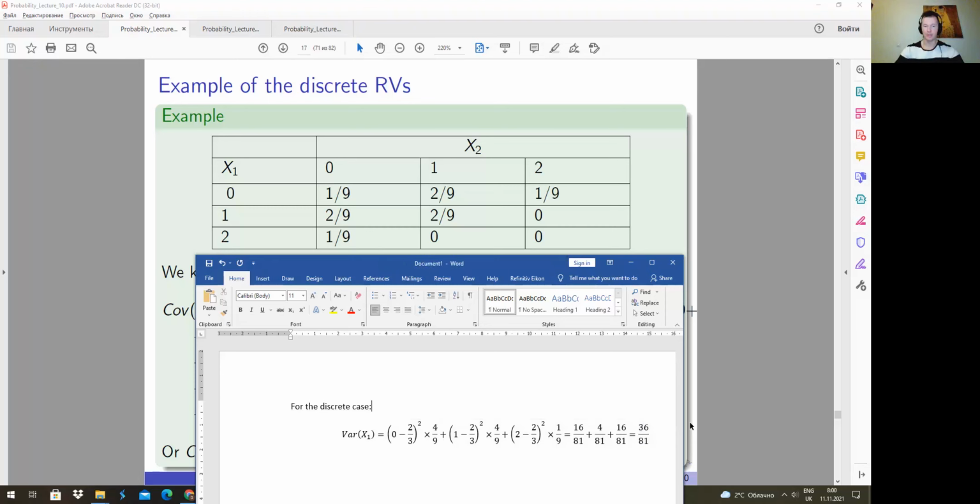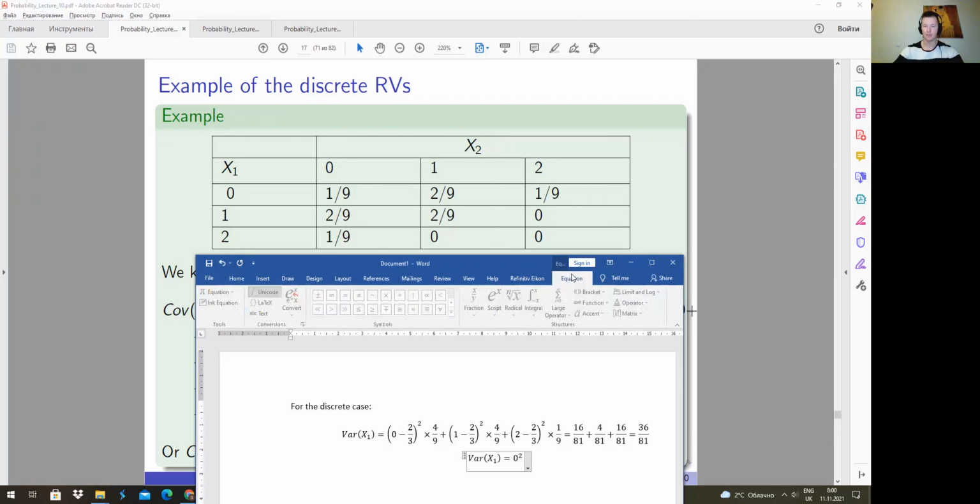Okay, so that's one way to calculate the variance of x1 based on the joint distribution. Another way I am able to calculate the variance of x1 is to calculate the squared expectation. So meaning that it's 0 squared multiplied by the marginal probability of x1, which is 4 over 9, plus 1 squared, once again multiplied by 4 over 9, plus 2 squared multiplied by 1 over 9.